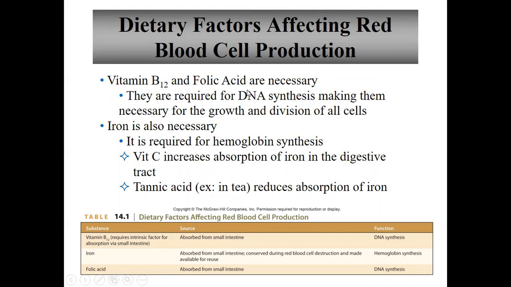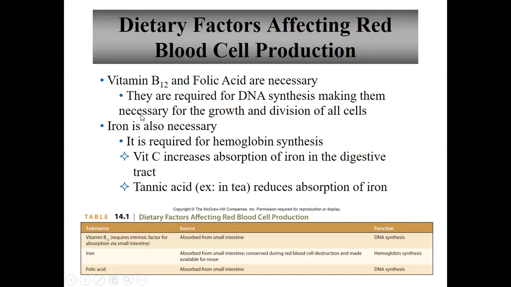There is a type of anemia that is caused by a lack of B12 and folic acid. That is not iron deficiency anemia, that is B12 deficiency.